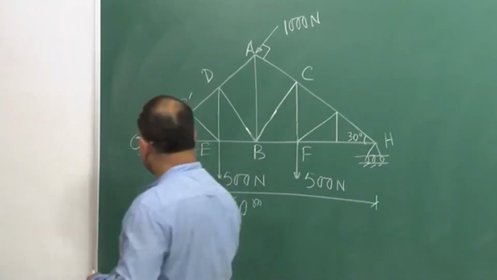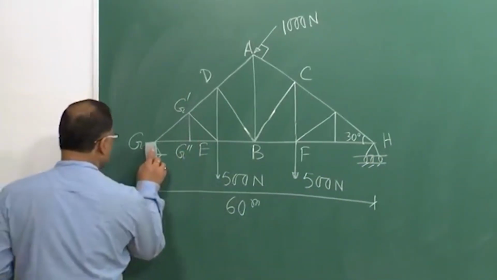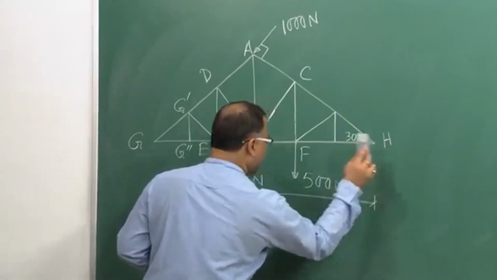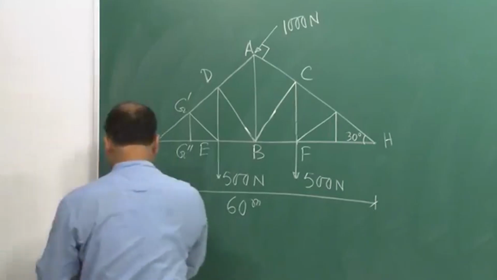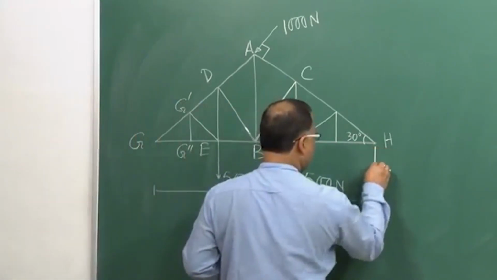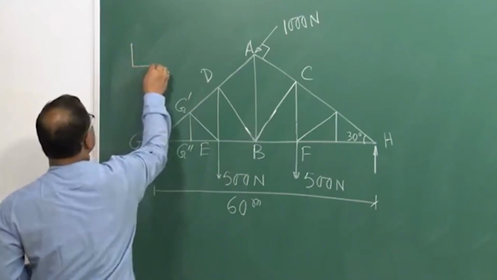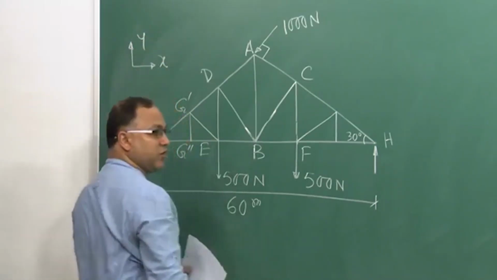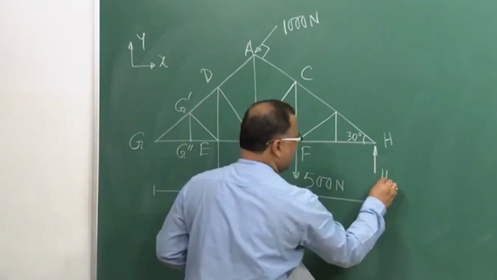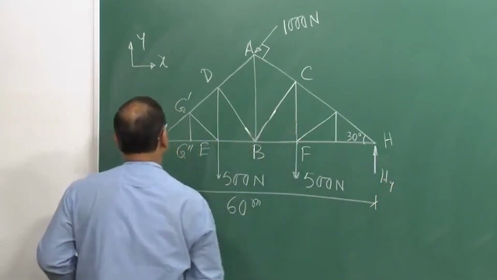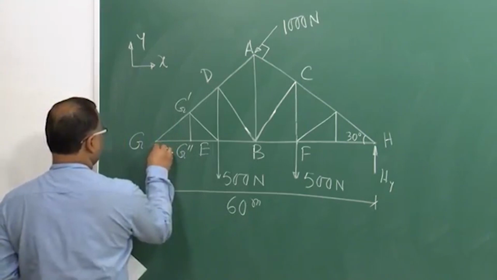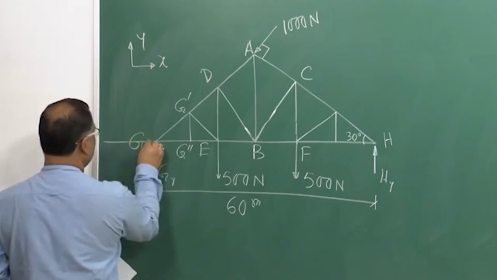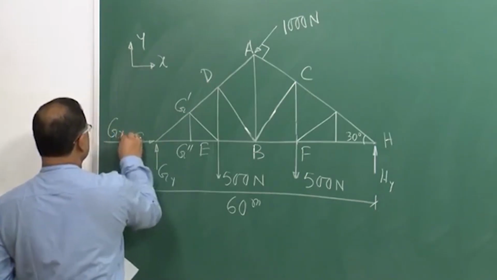If I want to draw the free body diagram, basically what we can do is remove the supports and put the support reactions. If this is my xy coordinate system, this is Hy, and this is Gy and Gx.